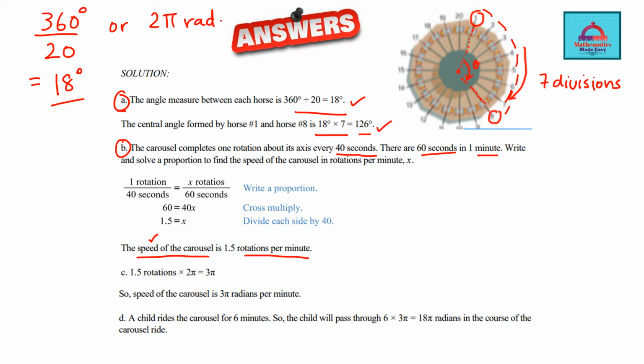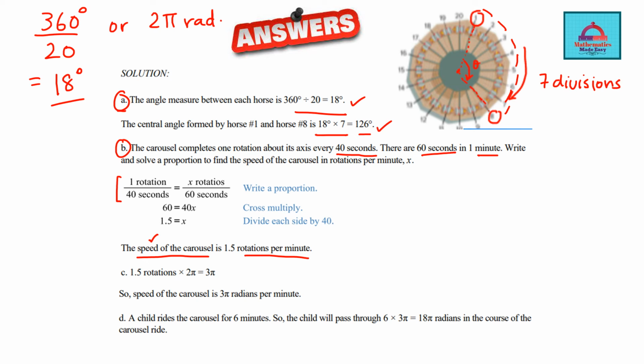So we are going to use this conversion factor. One rotation is taking 40 seconds. So let's write a proportion to find the speed of the carousel in rotations per minute. One rotation takes 40 seconds, so 1 divided by 40, one rotation divided by 40 seconds. That's the unit.